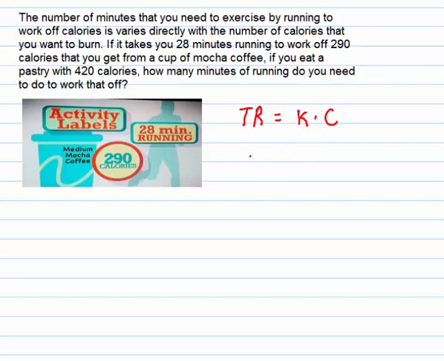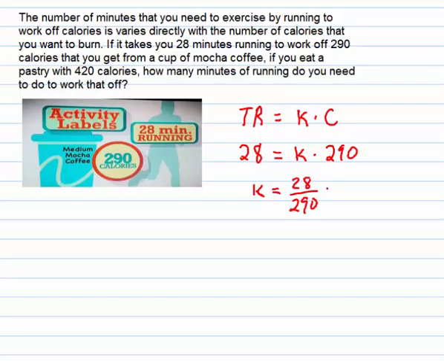So to solve for K, we first use our first information. It takes 28 minutes of running to burn off 290 calories. So our constant K is just equal to 28 divided by 290.